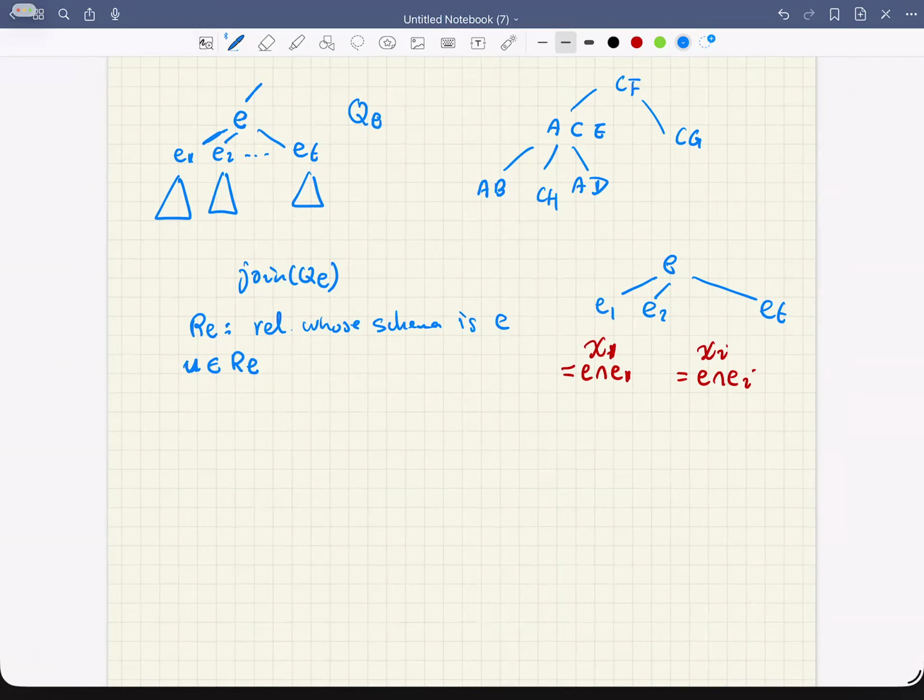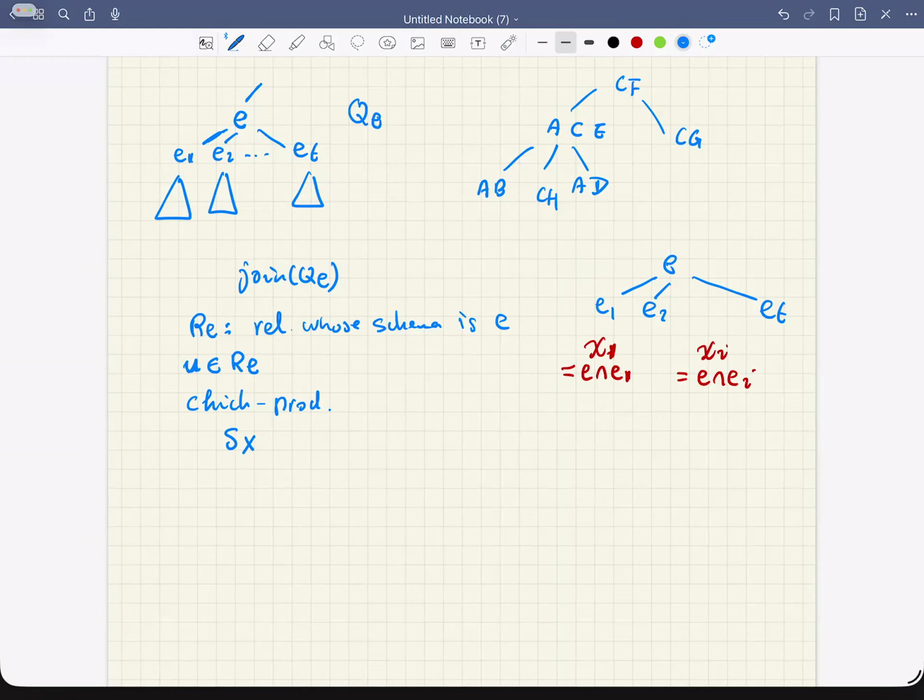Now, as I said, you have E. Look at the relation. You look at the tuple inside this relation. Now, I want you to think about the following child product procedure. This procedure says I'm going to compute a Cartesian product. That's why I have S times.